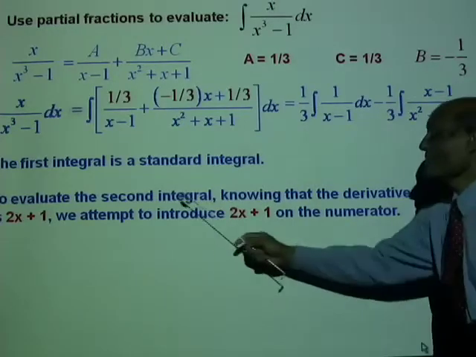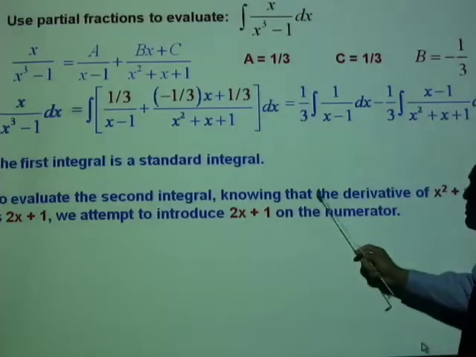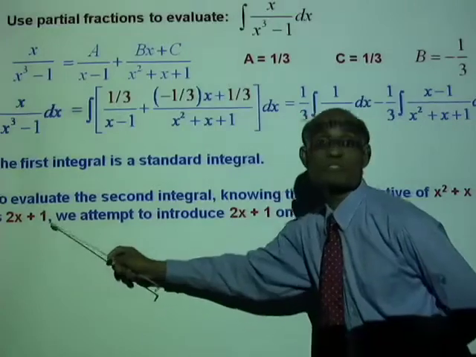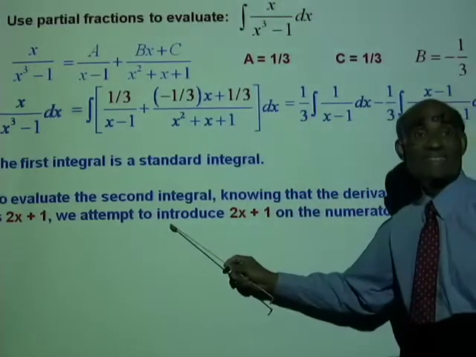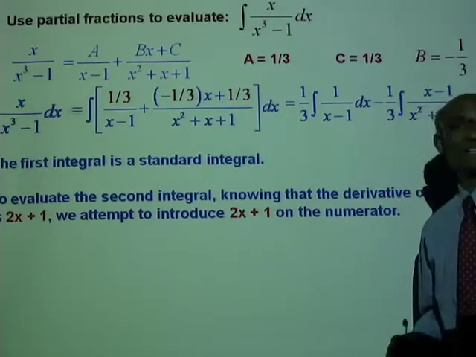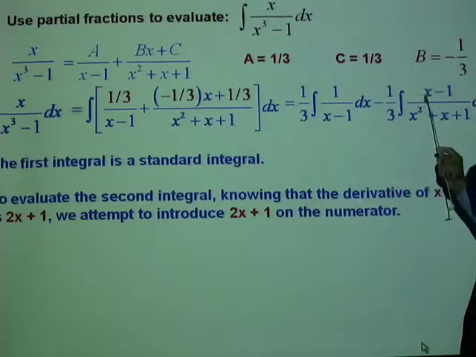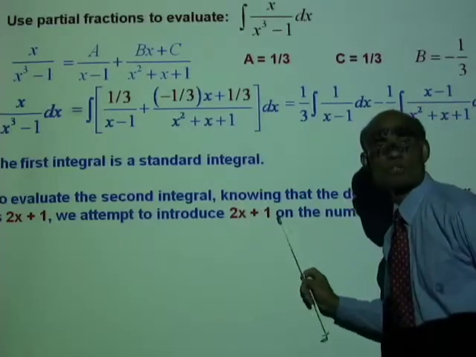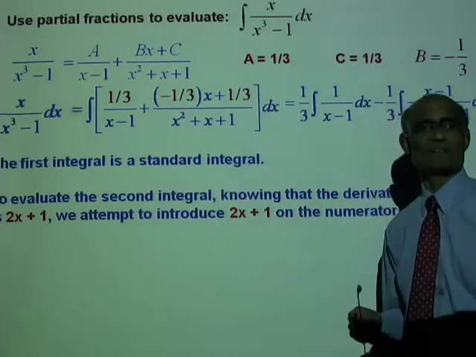Now, to evaluate the second integral, knowing that the derivative of x squared plus x plus 1 is 2x plus 1, we attempt to introduce 2x plus 1 on the numerator. Now, is it possible to write x minus 1 using 2x plus 1?